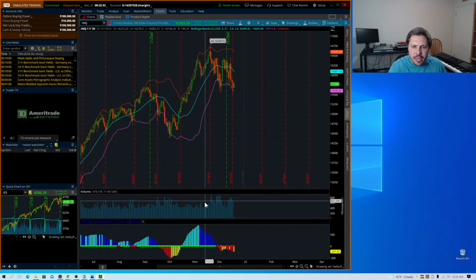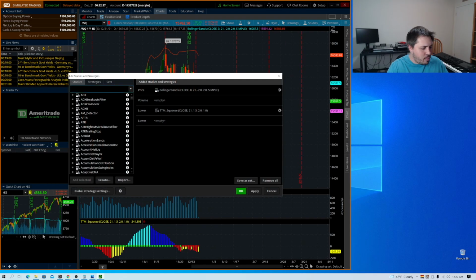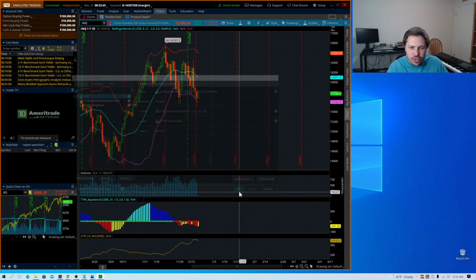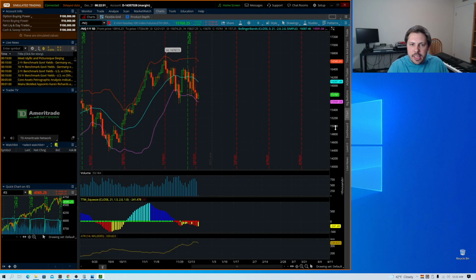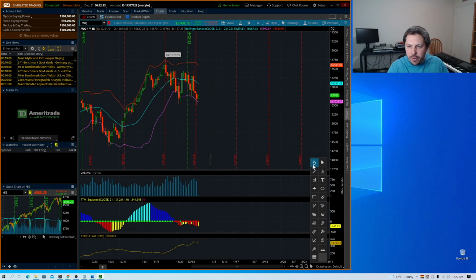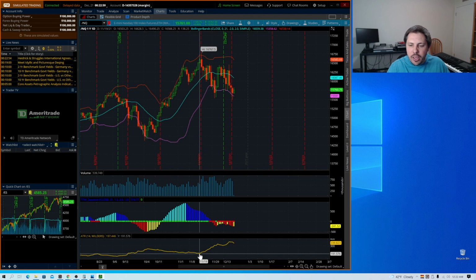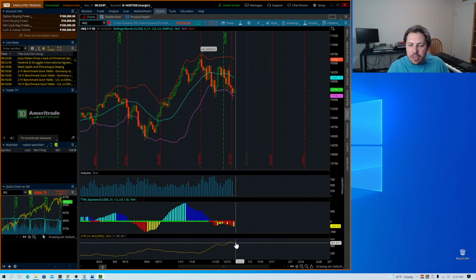So if we come into studies here, edit studies, and we find the ATR, which is the average true range, right? We can see that on this NASDAQ right now, its average true range has gone from 191 around 1119 to now being over 360.59 or 341 where we are today.